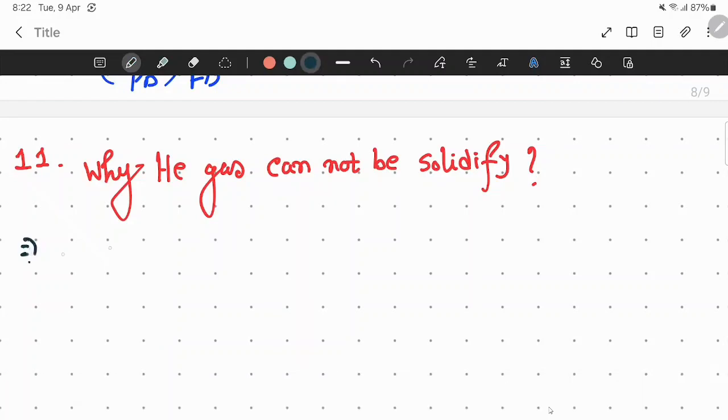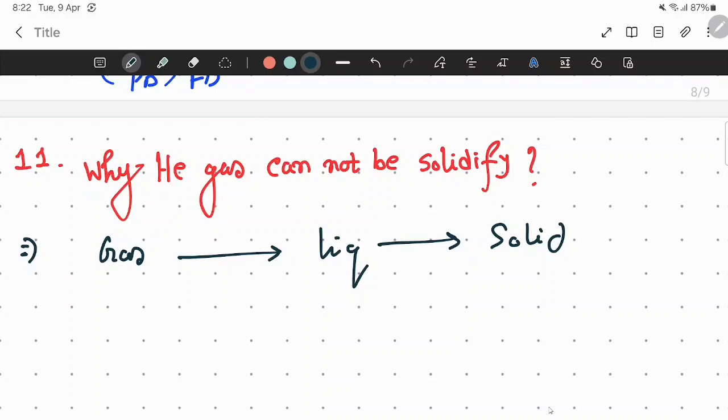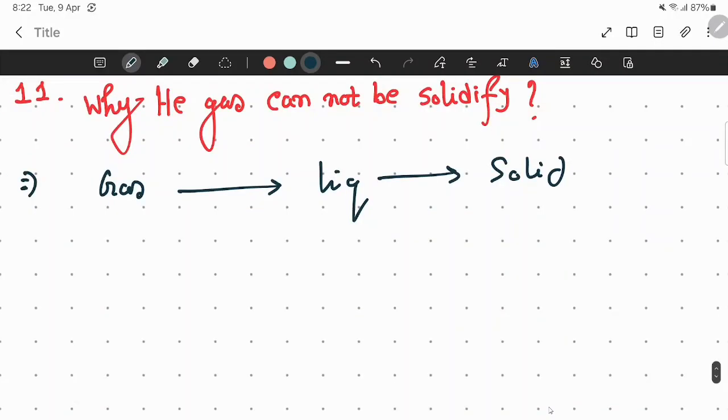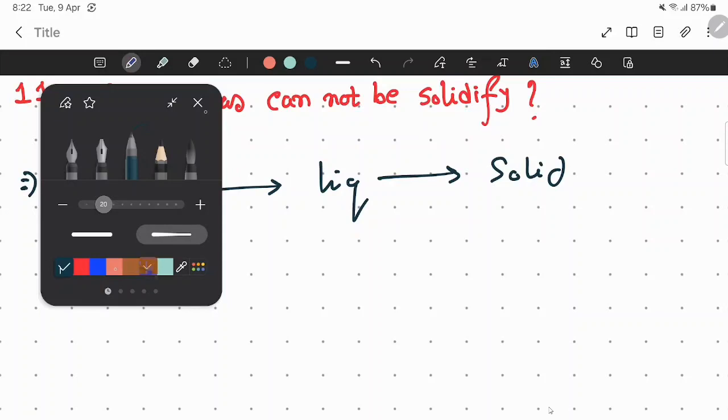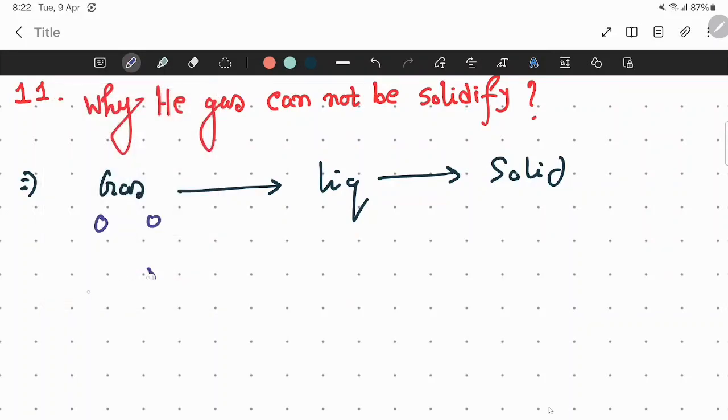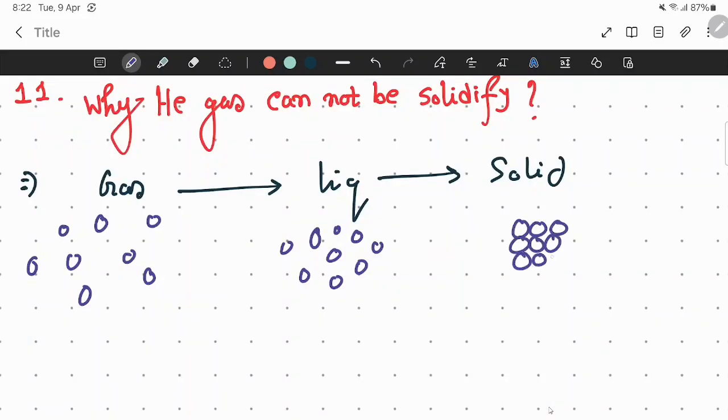Solidified, we know that gas to liquid to solid, right? Now, in gas, if you are considering the gas molecules, the intermolecular space is very high, right? When you are converting that gas to liquid, essentially the interaction will be increased. In solid, it is very well packed. How do you convert gas to liquid?